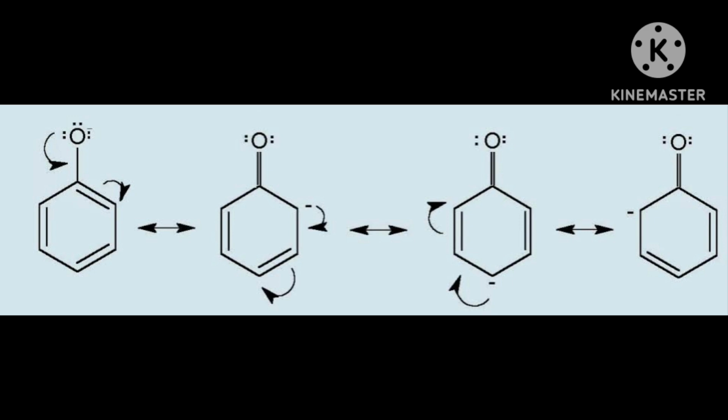Hence, to maintain the covalency of 4 for carbon, that double bond, that is a pi bond, will break. That pi bond will break and shift to the next carbon. Until the double bond is shifted, the movement of this lone pair of electrons of nitrogen will not take place.